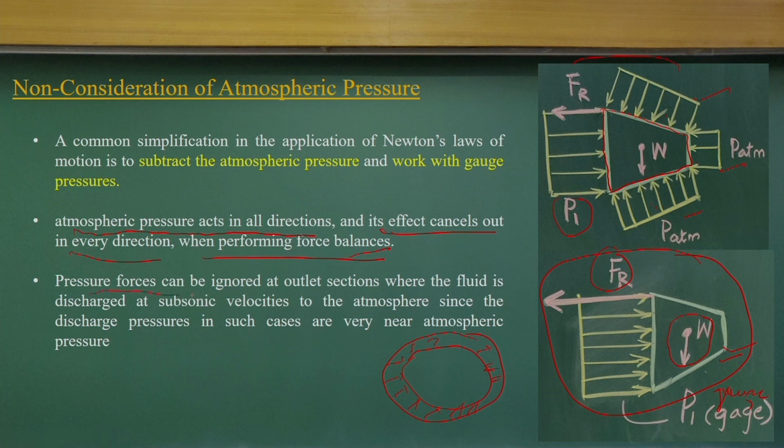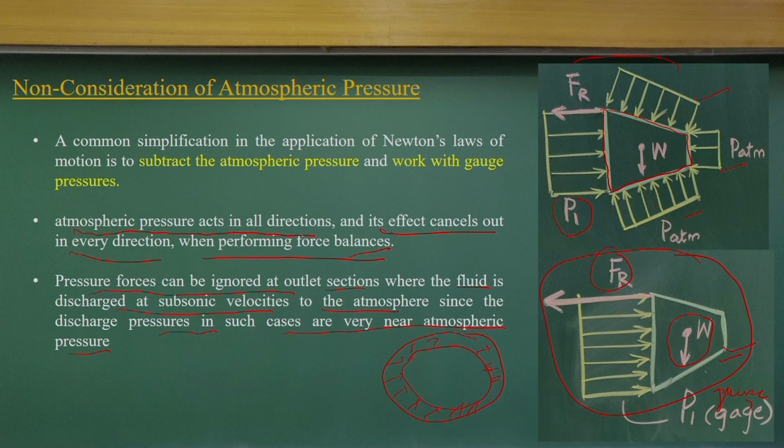So, the pressure forces can be ignored at the outlets where the fluid is discharged at subsonic velocity to the atmosphere. Another assumption which is quite valid is that if you have a subsonic flow, which in civil engineering problems is almost always the case, not sonic or supersonic flow, then the pressure force is generally neglected, as the discharge pressure in that case is very near to the atmospheric pressure.